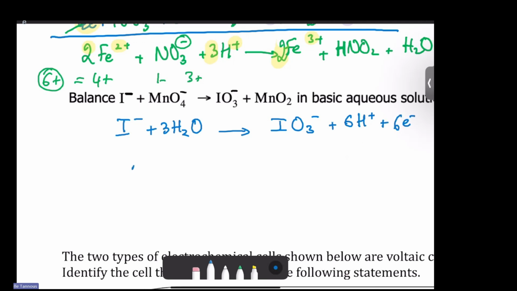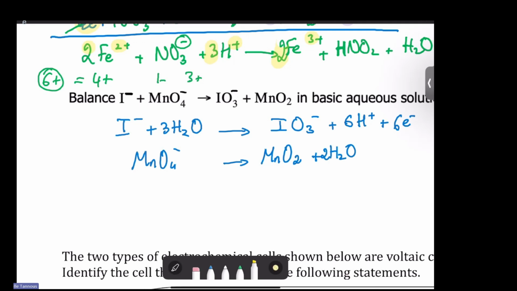The next one, MnO4 minus to MnO2. 1 Mn, 1 Mn. Mn is balanced. 2 oxygen, 4 oxygen. So this side needs more O. So I'm going to add 2 more H2O to balance the O. Now I have 4 oxygen.